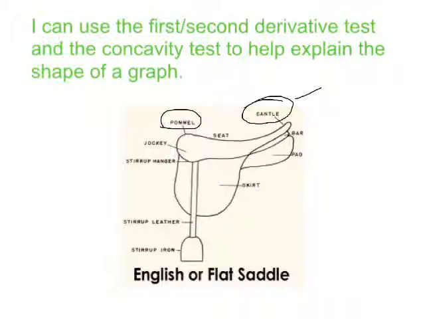So cantle means the back of the saddle, and the trivia question is, what is the only other 6-letter anagram for the word cantle? C-A-N-T-L-E. 6-letter anagram. And if you remember, an anagram is when you switch letters around and it spells a new word.